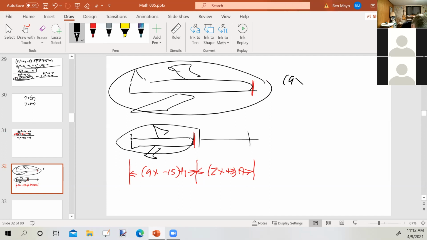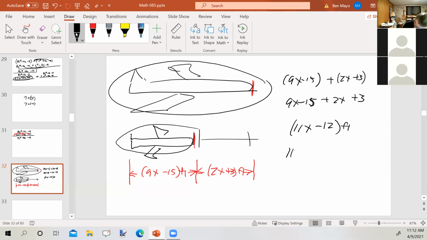So we've got 9x minus 15 plus 2x plus 3, which is 11x minus 12 feet. Now, why would I write it this way instead of like that? Because the second way, the units of feet are only on this number. So I need to group the entire number of feet. All right with that?